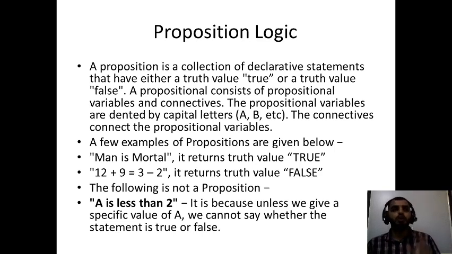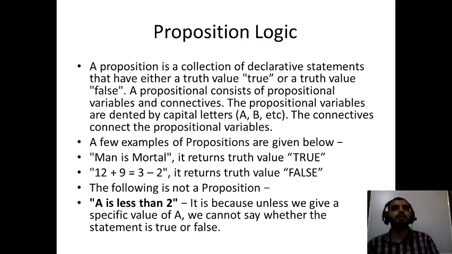It means that for a propositional logic, the statement or the value should be quantitative, which can be measured. In other words, the value should be accurate with reference to the specification. Now consider another example where it says A is less than 2.